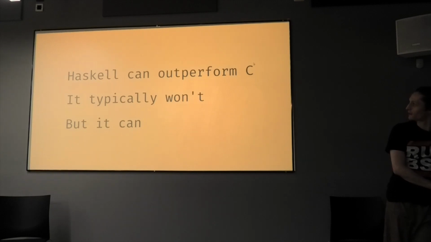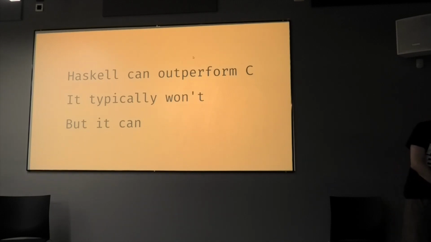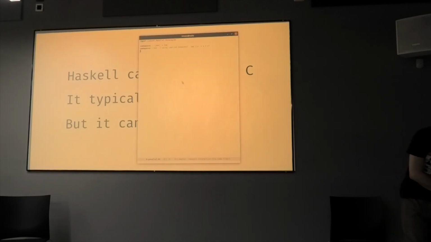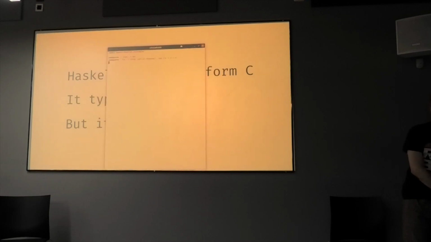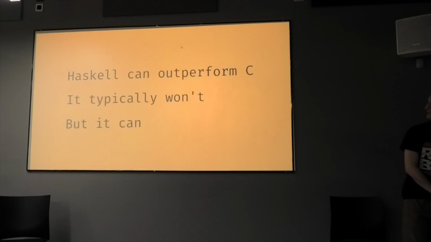Brings me on to my next example, which is a Haskell clone of, do you know the Unix utility wc? It's basically a Haskell clone of that, that is faster than the GNU implementation of wc, which is pretty cool.